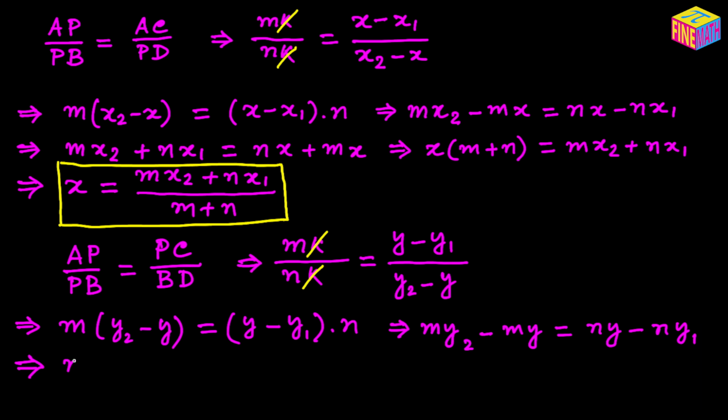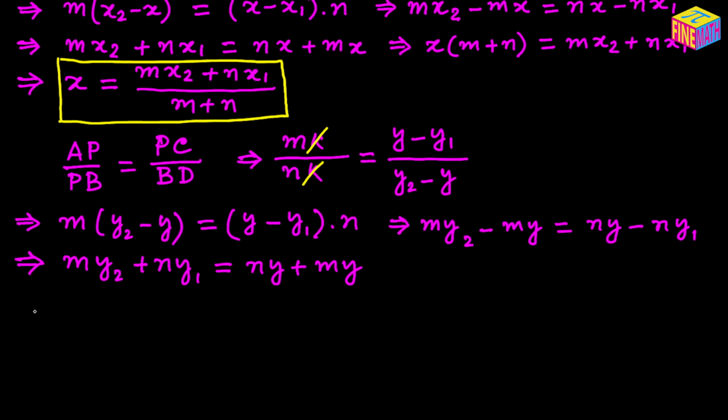So m times y sub 2 plus n times y sub 1, bringing the n times y sub 1 to the left hand side, and on the right hand side we already have n times y, and then bringing the m times y over, so that will be plus m times y. Then we can exchange their positions, so this is nothing but y times m plus n.